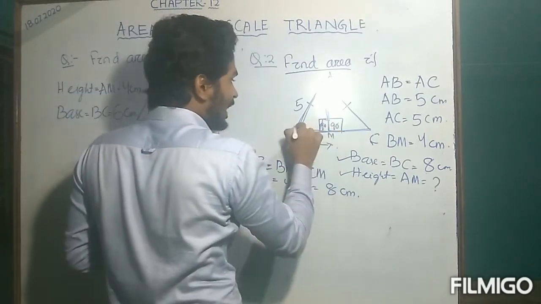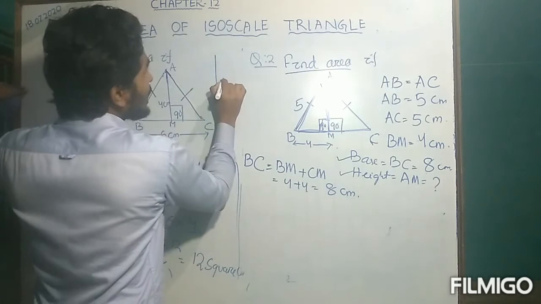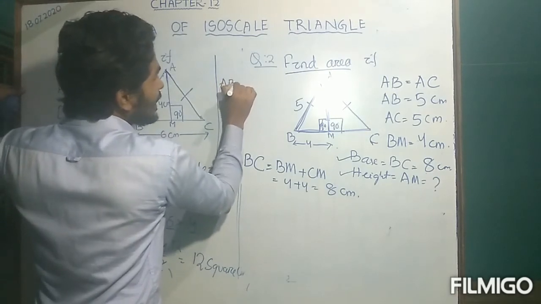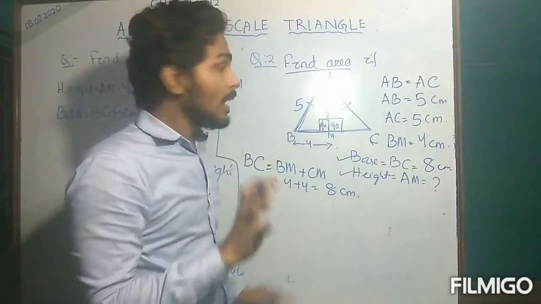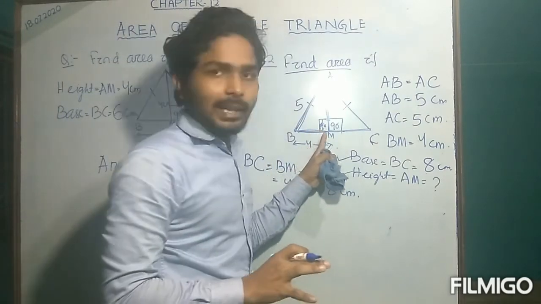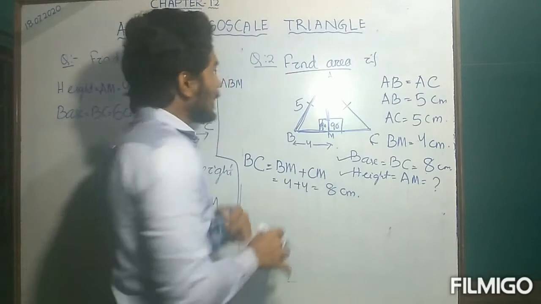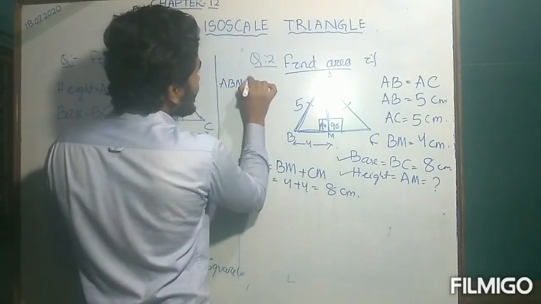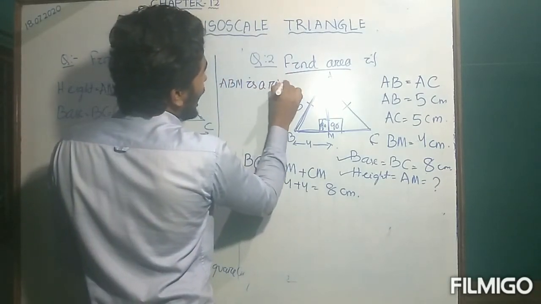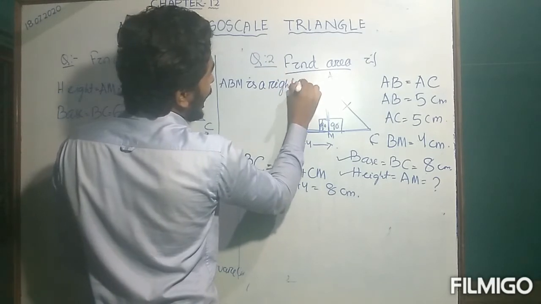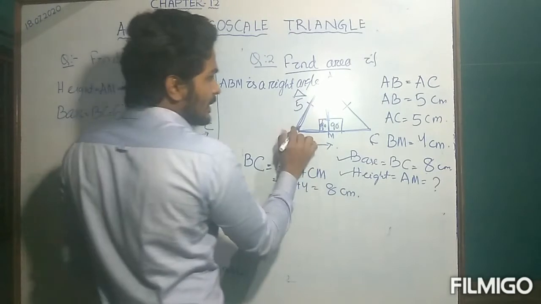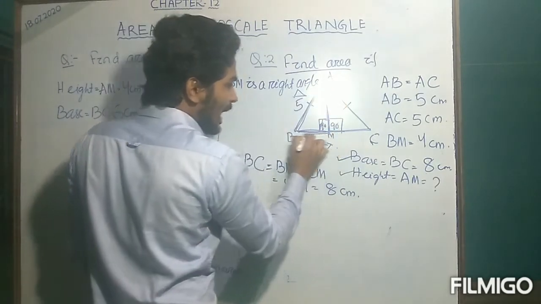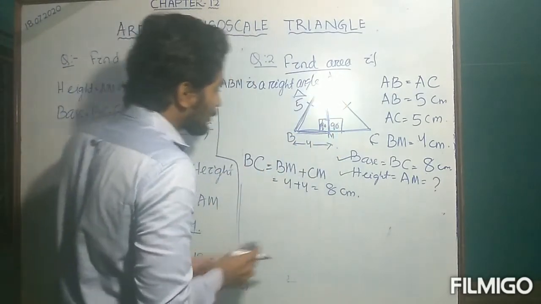So I am writing ABM. ABM is a triangle. It is a 90 degree triangle, that means a right angle triangle. So ABM is a right angled triangle. Clear?